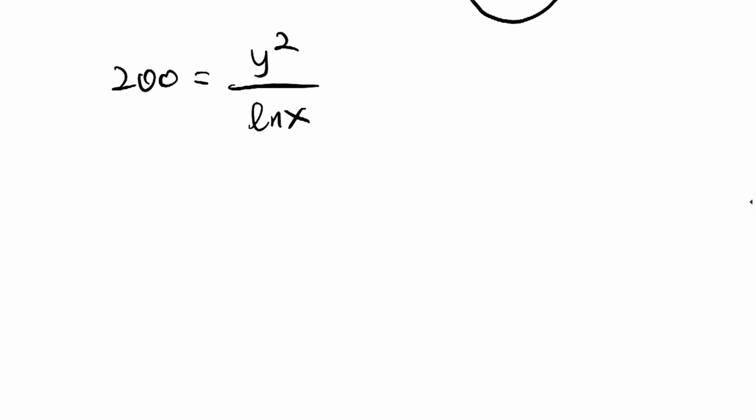Well, now we're going to use the quotient rule, and we're going to take a derivative here. So left hand side is 0 as always. Constant's going to go to 0. We have the derivative of the top, which is 2y times ln x. But remember, we took a derivative with respect to x.